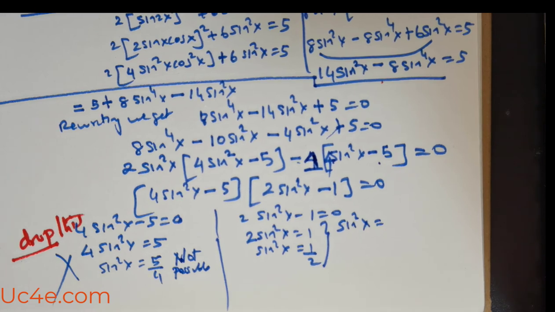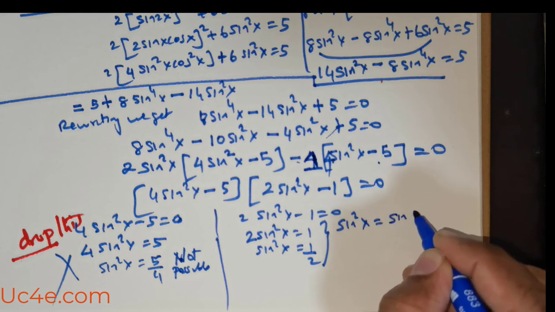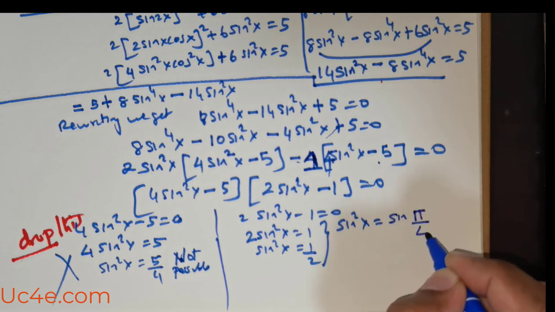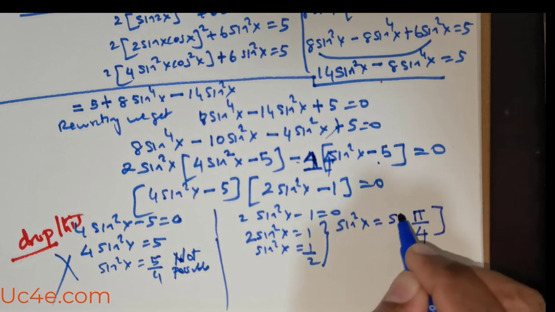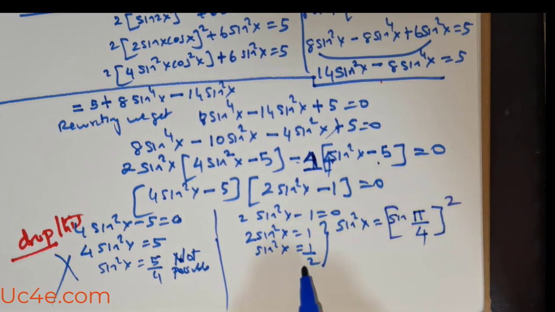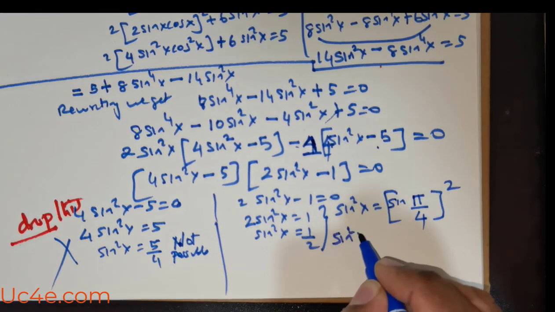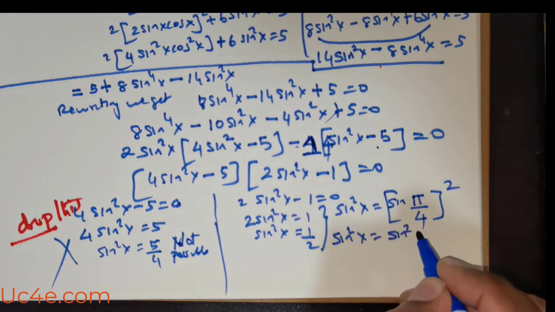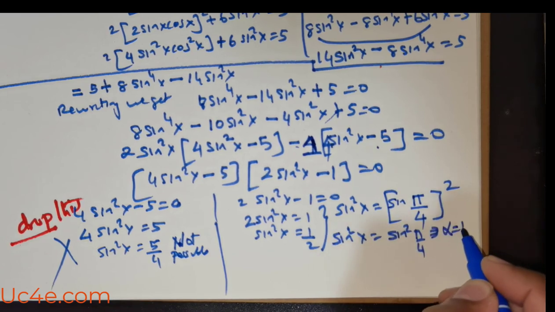So I can write this as sine 45, sine pi over 4, that's giving me 1 over root 2. If I were to square it, I would get 1 over 2, right? So I can rewrite this as sine squared x is equal to sine squared pi over 4. This would mean my alpha is equal to pi over 4.